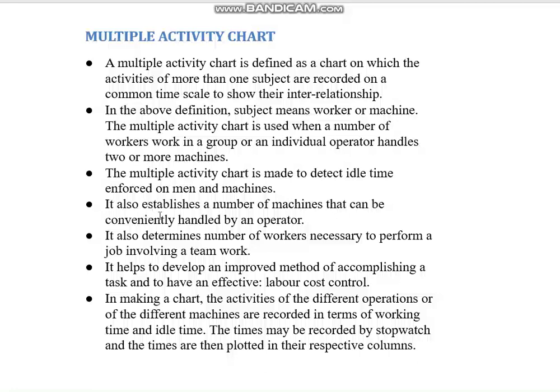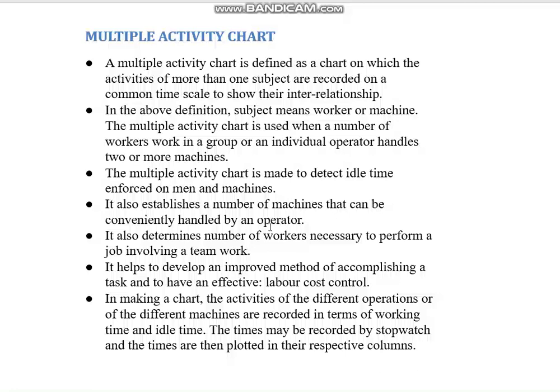It also establishes the number of machines that can be conveniently handled by an operator. If you load a machine, the workpiece is loaded onto the machine, and now the machine starts working. It can be a semi-automatic machine or a fully automatic machine.